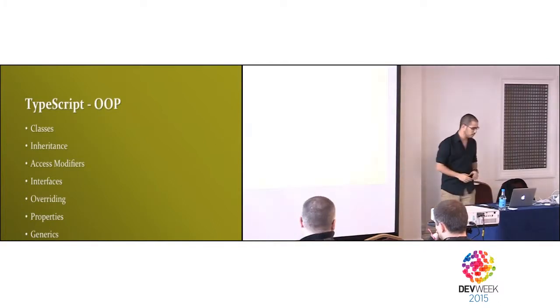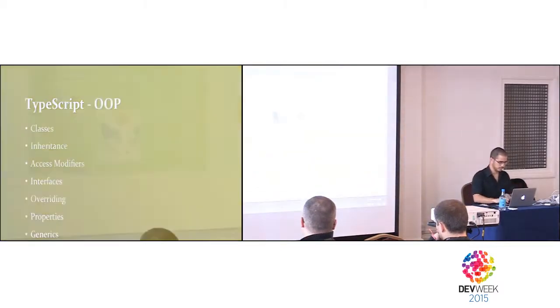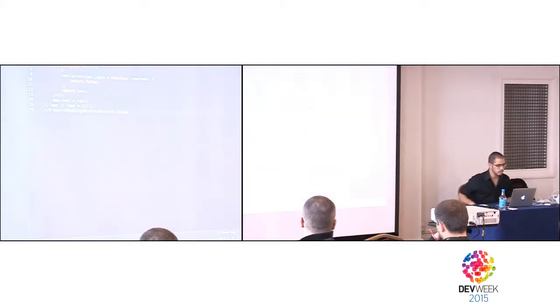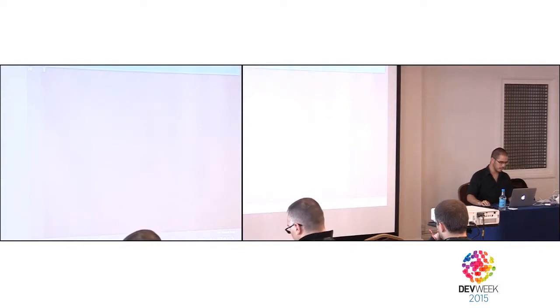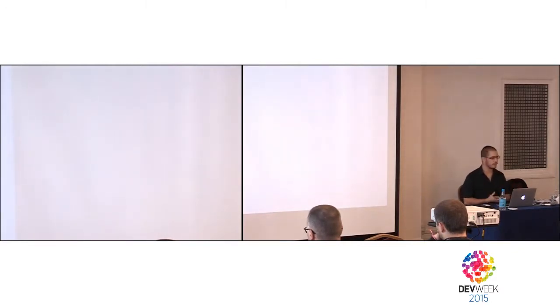So let's try a bit to use this object-oriented thing. We are back to our data object, and I'm going to create a couple of classes, create inheritance between them, and do a few tricks like overriding things using interfaces.